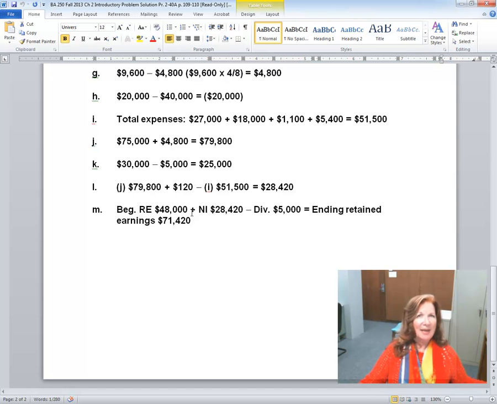This was page 14 and page 25 in chapter 1, and I was blending those together to show you how to do this calculation. You might have even had one of these on the test. Beginning retained earnings plus net income minus dividend equaled ending retained earnings, and it's 71,420. So again, that's a number that you would calculate in the change in stockholders' equity.